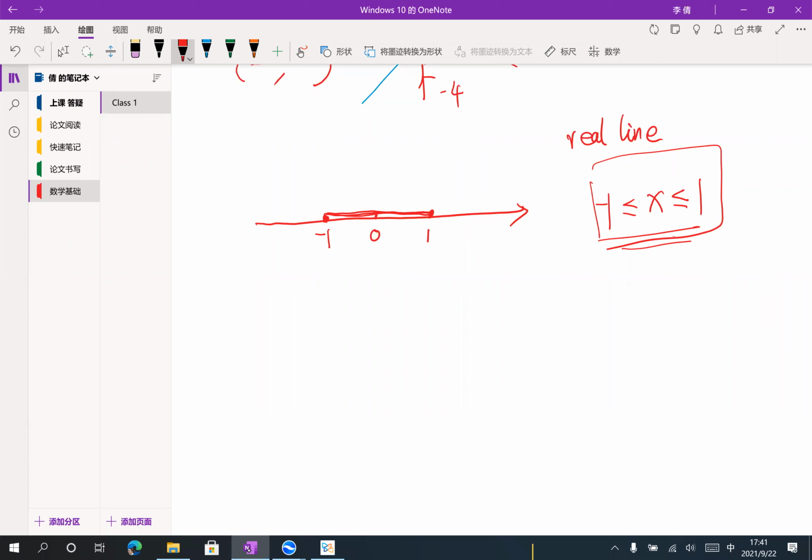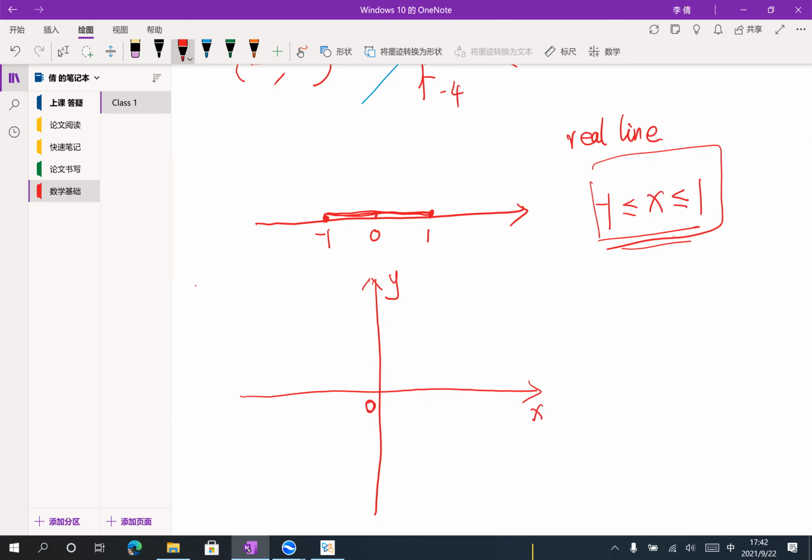And let's see the following. Let's say that this is not a real line, but a Cartesian coordinate. Let's say this is the x axis, and this is the y axis, and this is 0.